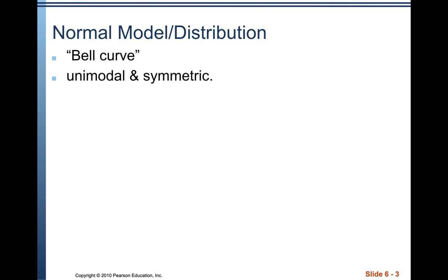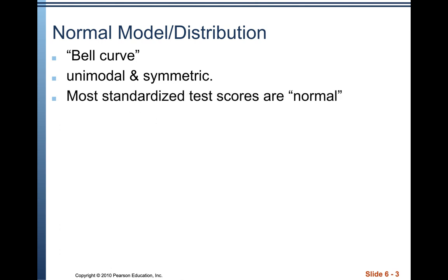So any histogram that is unimodal and symmetric is considered a normal distribution or a normal model because it looks like a bell curve. Most of our standardized test scores, whether it be the MAP or the ITEDs or whatever they call it now, your ACTs, any kind of standardized test, those scores are usually normal in nature.